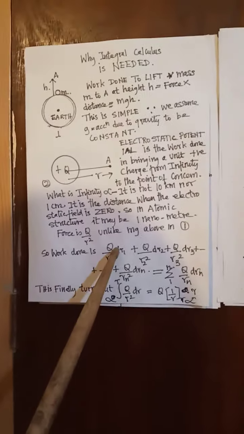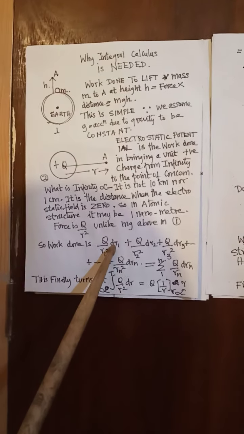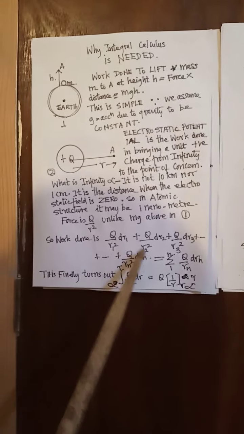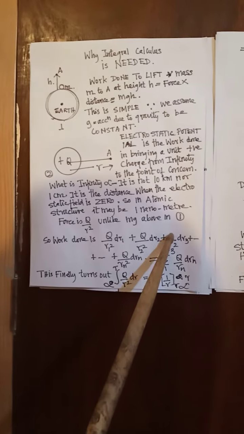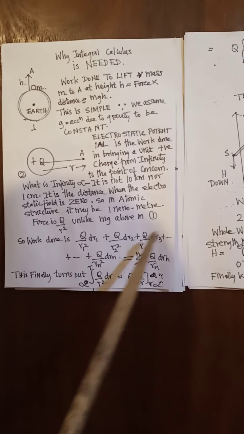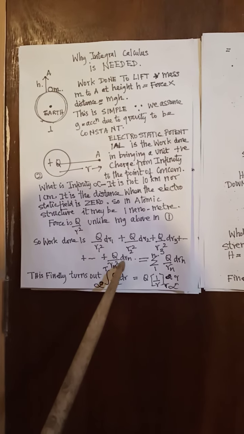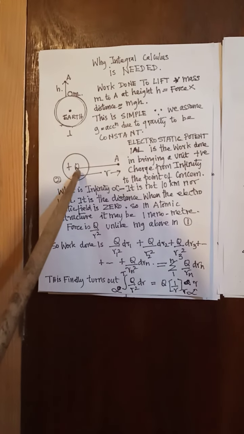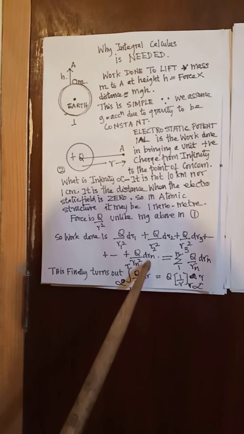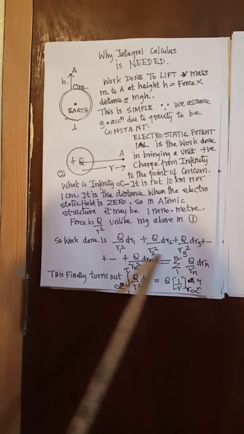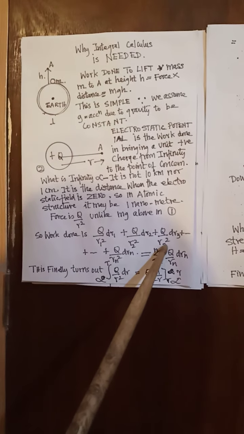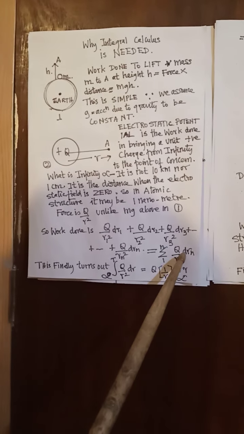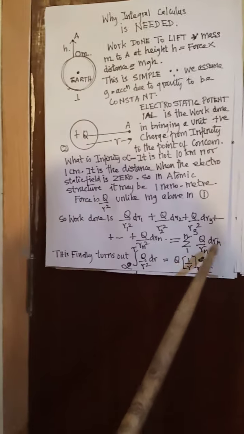So the work done will be q by r1 square dr1 plus q by r2 square dr2, q by r3 square dr3, so on and so forth. Last one, q by rn square, then drn. And in mathematics, this is known as summation from 1 to n, q by rn square drn.